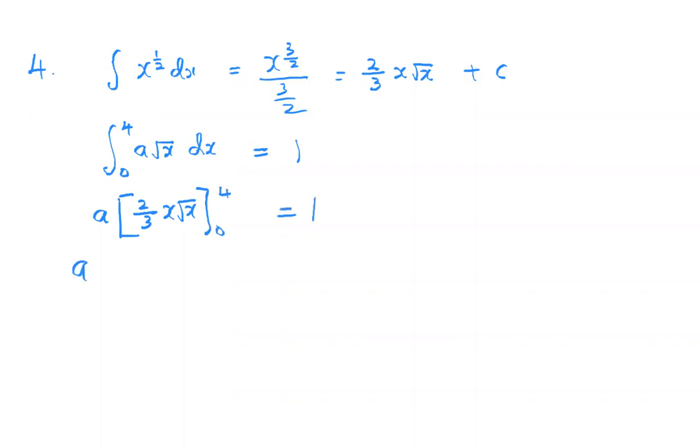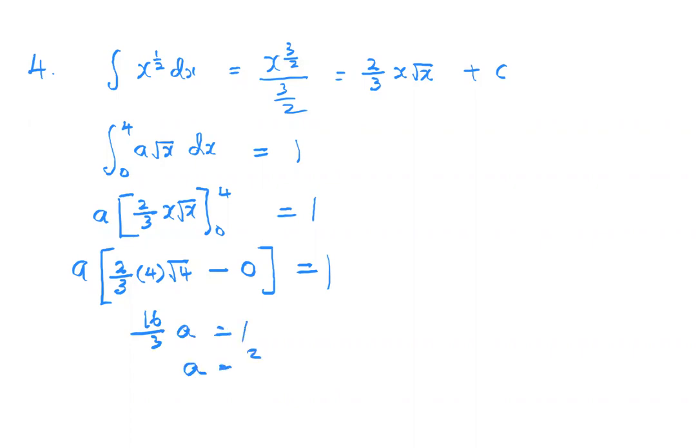So you substitute with 4, take away substituting with 0. Done? Then you can find your a. Understand? 16 over 3 a equal to 1. So a equal to 3 over 16. Okay? That is how it works.